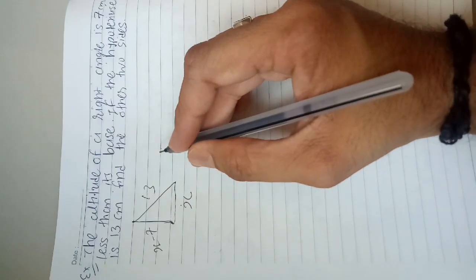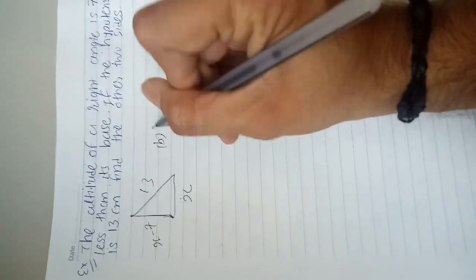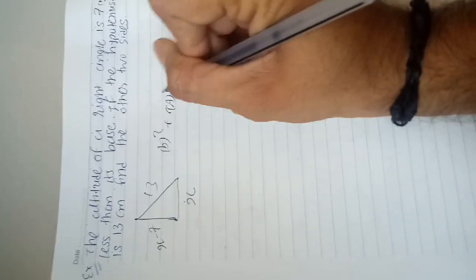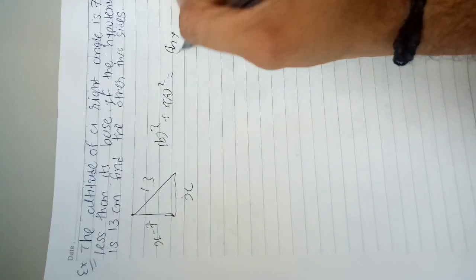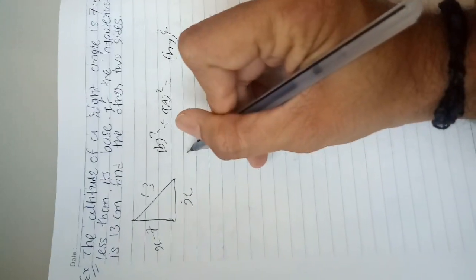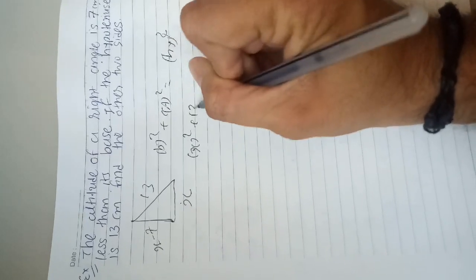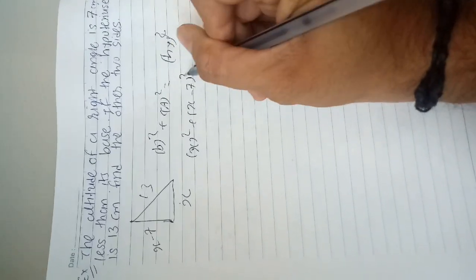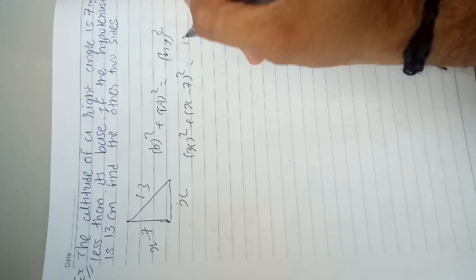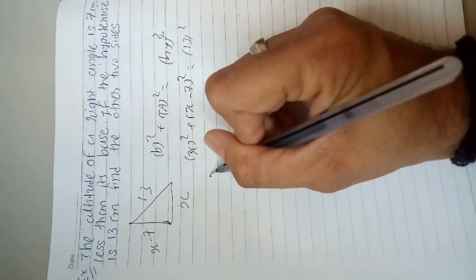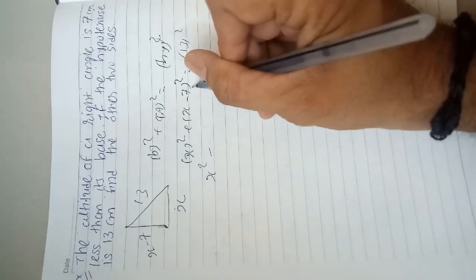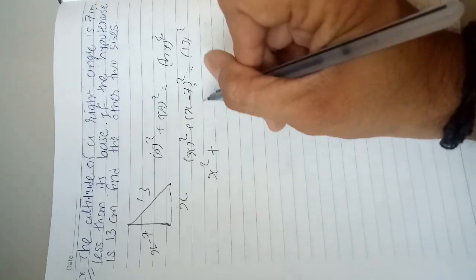So by Pythagoras theorem, base square plus altitude square is equal to hypotenuse square. So x square plus x minus 7 whole square is equal to 13 square. x square, here a minus b whole square formula.